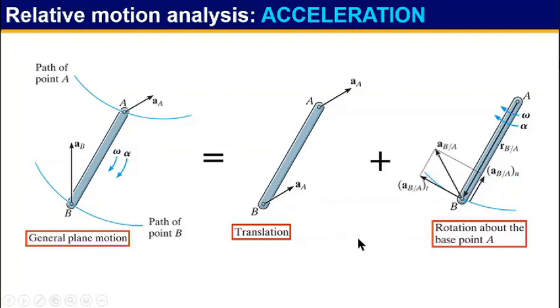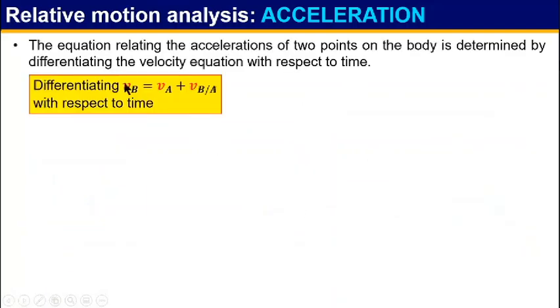Now, how to extend this equation? Let's see in the next slide. The equation relating the accelerations of 2 points on the body is determined by differentiating the velocity equation with respect to time.